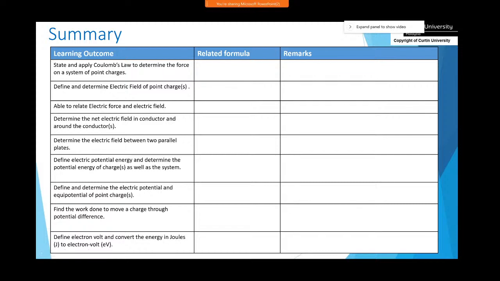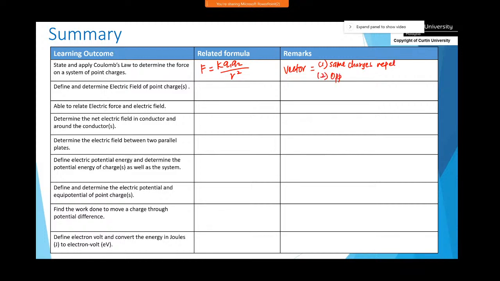So let's recall what we have learned today. Coulomb's law, the related formula, is kQ1Q2 over r squared, and it is a vector quantity whereby if you have same charges, then the force is a repulsion force.